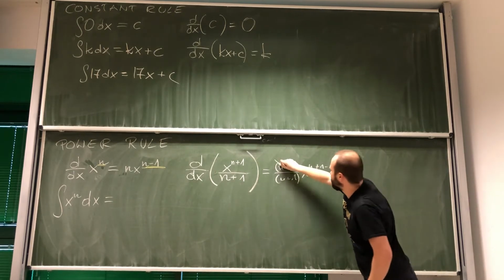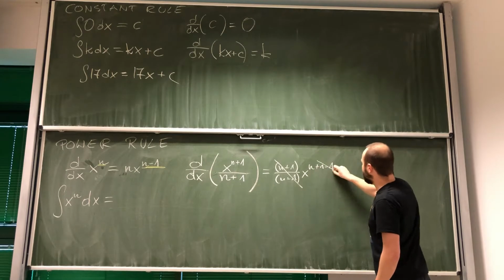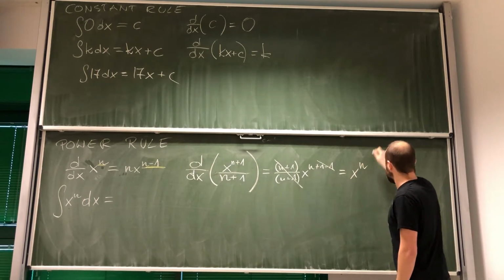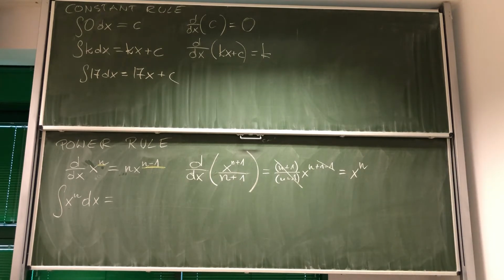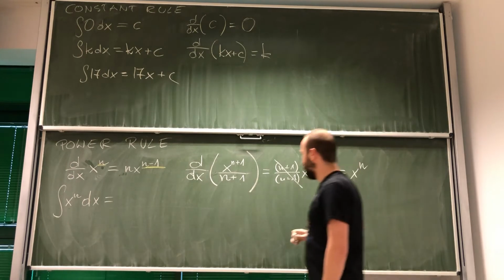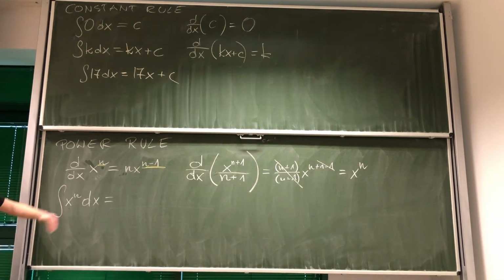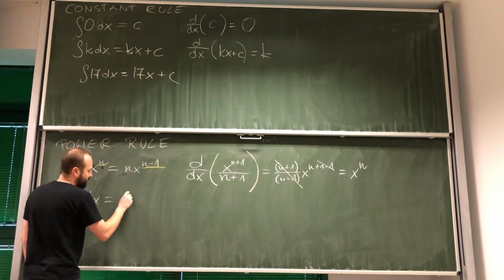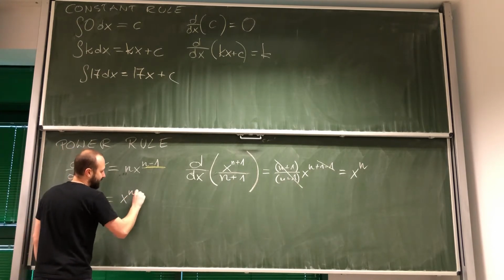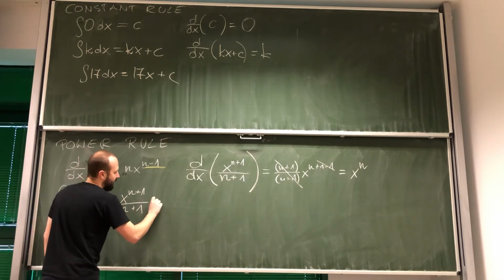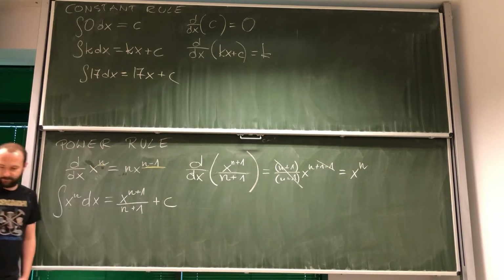And look, those two cancel each other to 1. Those two cancel each other to 0. We get x to the power of n. So our solution works. So we can now easily write that the integral of x to the power of n is equal to x to the power of n plus 1 divided by n plus 1 plus c.